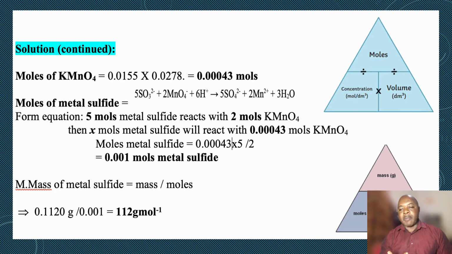The number of moles of the metal sulfide will be 0.0043 times 5 divided by 2, which is 0.001 moles of the metal sulfide.